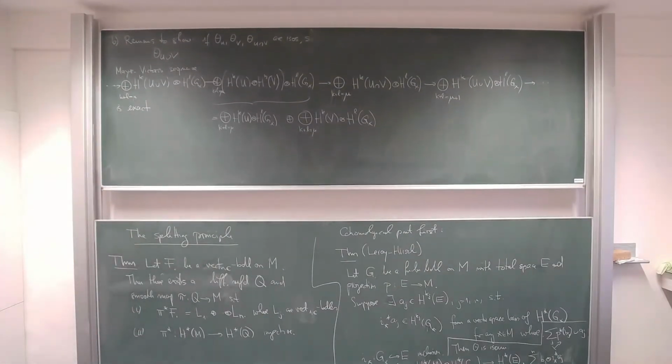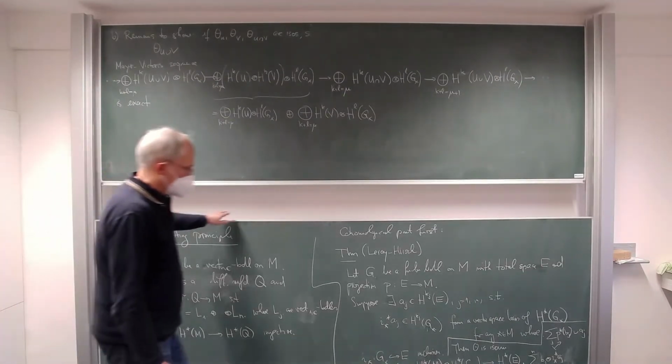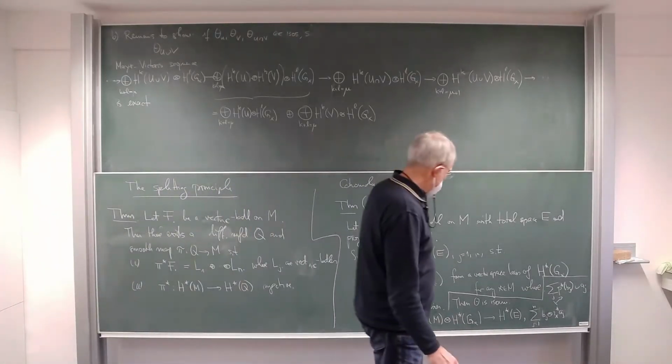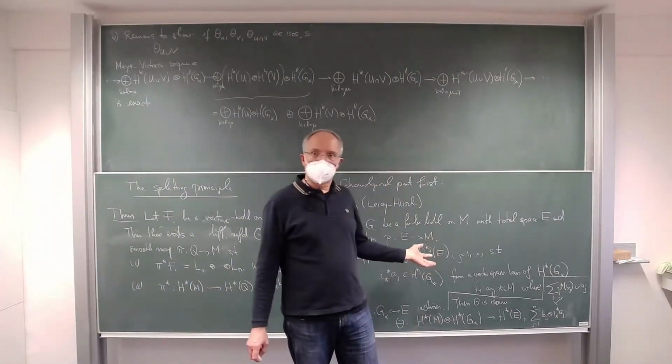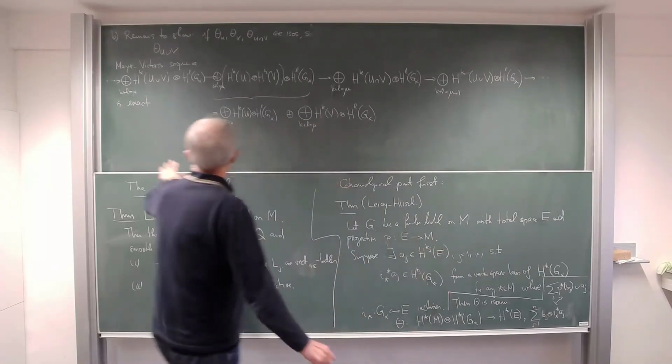And now we can play the same game of Mayer-Vietoris also on the total space side, where I use the open sets which are given as p to the minus 1 of U and p to the minus 1 of V and the union and the intersection.